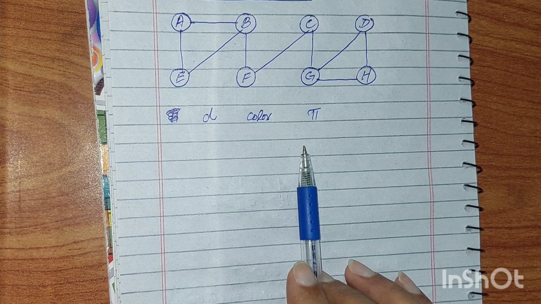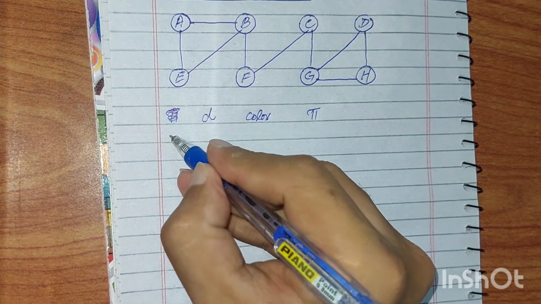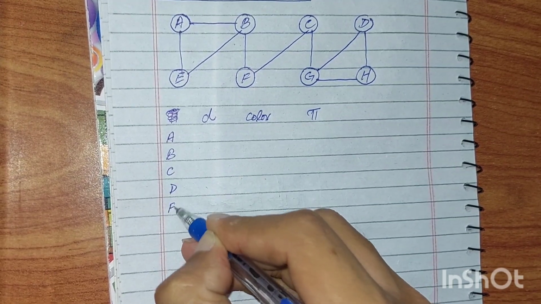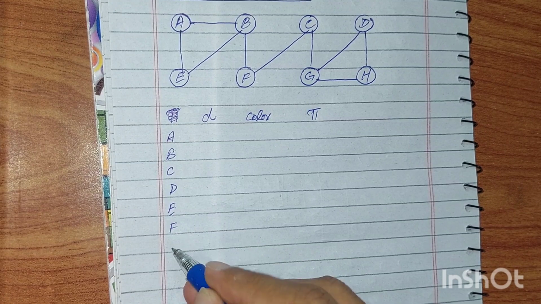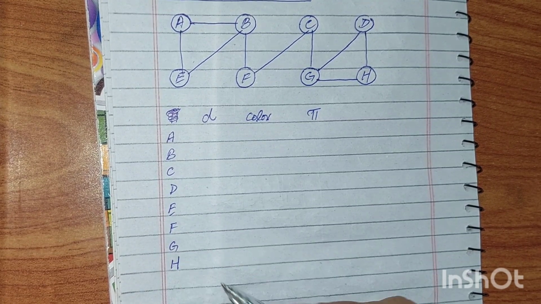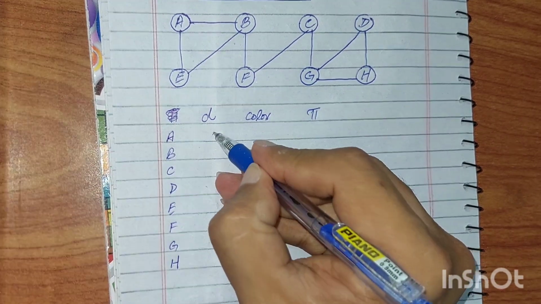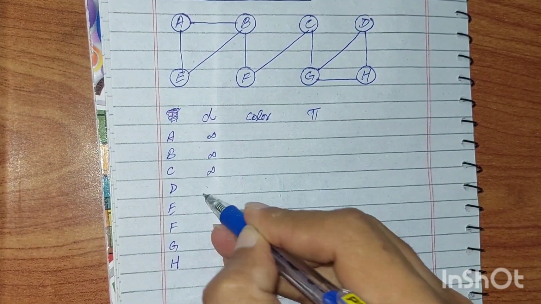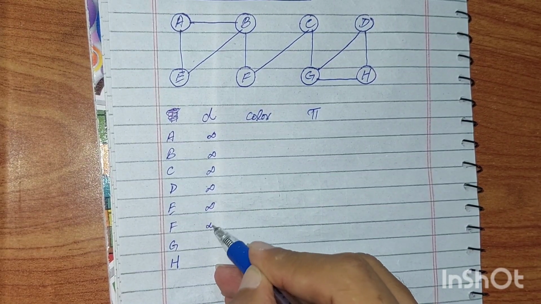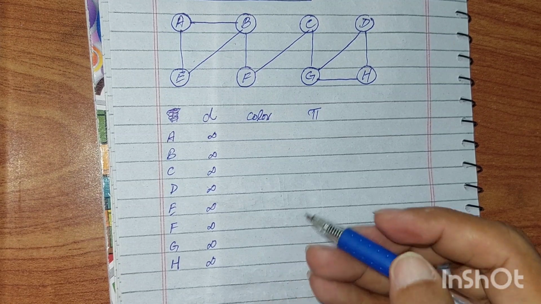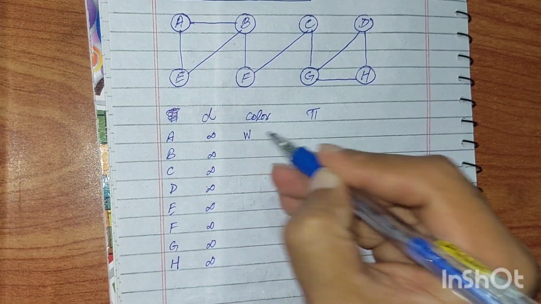You can see in the algorithm that line 1 to line 4 is the initialization of these data structures. There are basically 8 vertices: A, B, C, D, E, F, G and H. The distance of every vertex is marked as infinity, and the color of every vertex is marked as white.